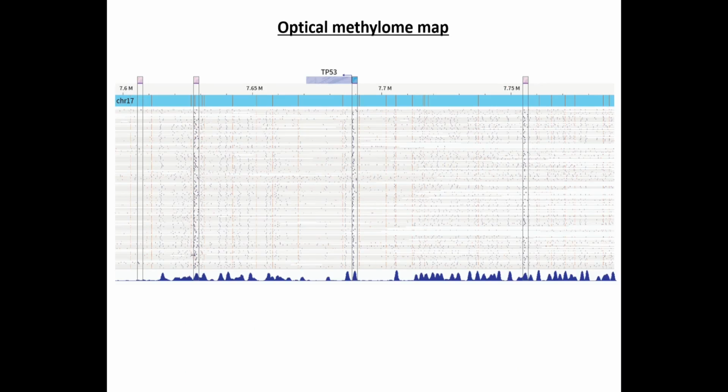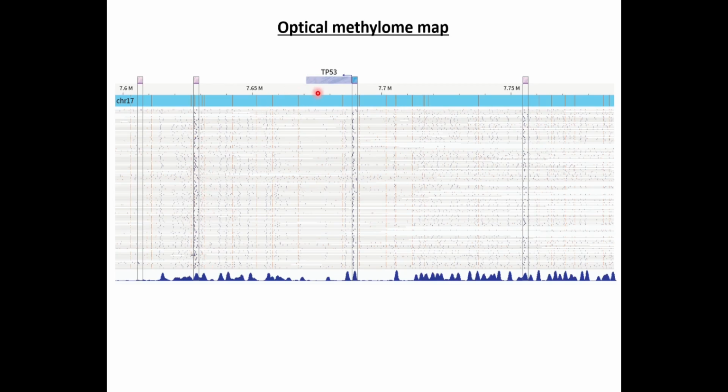This is how methylome maps look. This is a region in chromosome 17 in the human genome. The blue wide strip with the orange lines on it is the reference genome with the barcode. The thin gray lines are the individual DNA molecules aligned to this region. The orange dots are barcode labels, and the dark dots indicate unmethylated CpG sites.